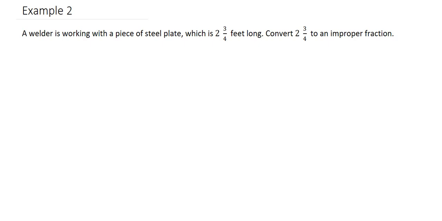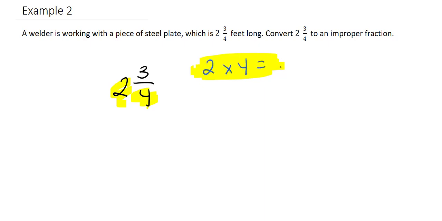So example 2, a welder is working with a piece of steel plate, which is 2 3/4 feet long. Convert 2 3/4 to an improper fraction. So our first step is we're going to multiply those two, because it starts with M. So 2 times 4 is equal to 8.